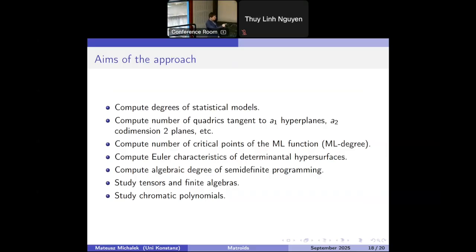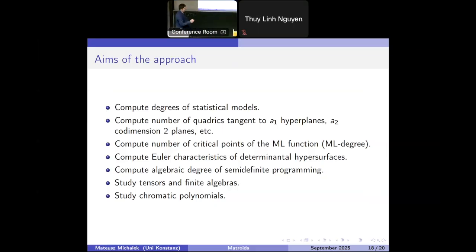So it turns out, remember, L is just a subspace of critical points. It turns out that often ML degree, or the degree of the model, which is yet another thing, can be computed using our characteristic numbers. So you can use all this machinery that people developed in the last 50 years to prove those conjectures coming from algebraic statistics.